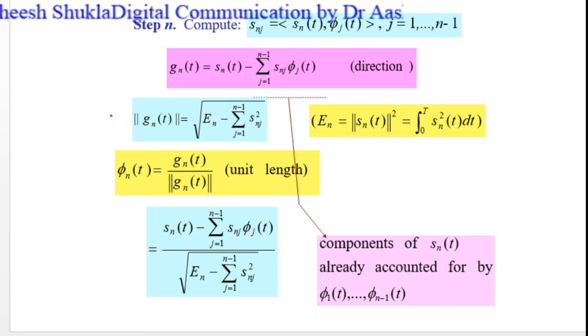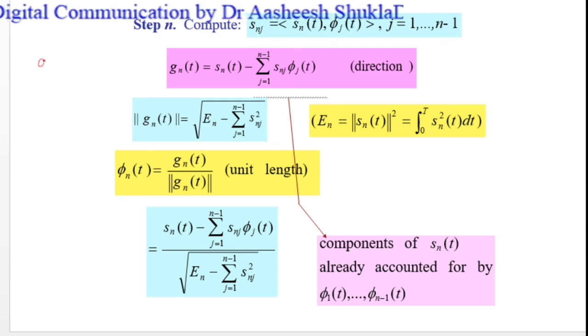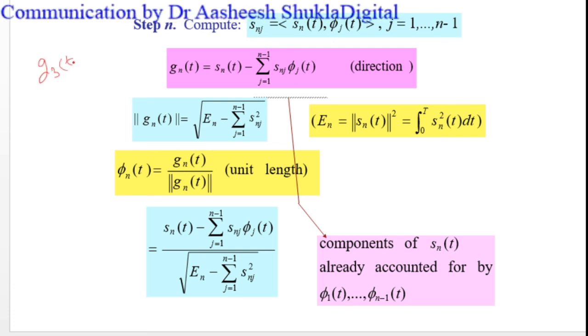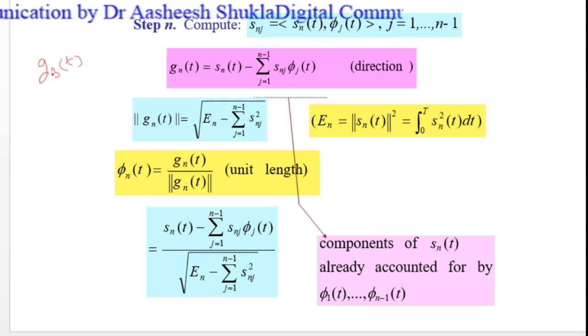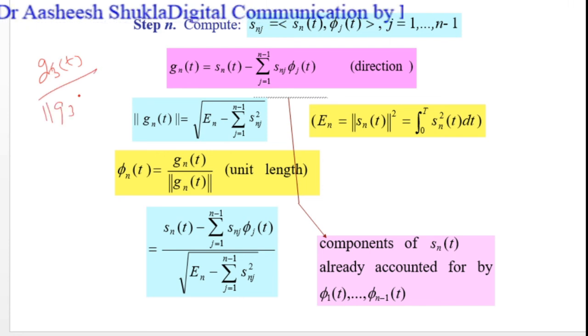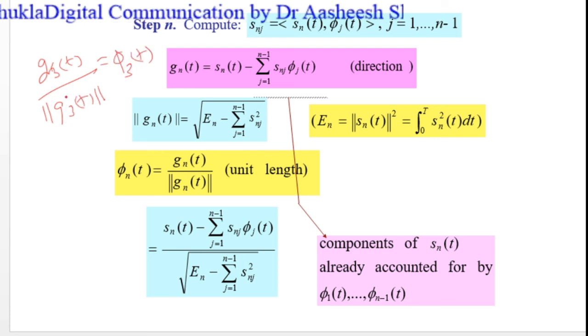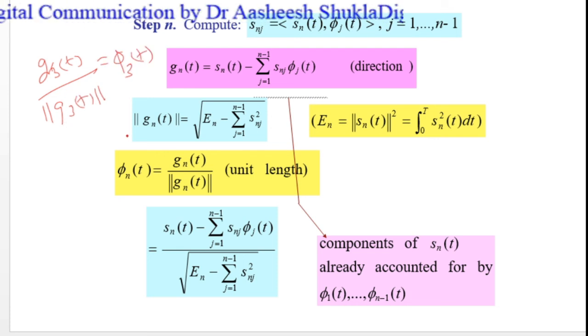If we simplify, we should first find G3(t), and if we divide G3(t) by the norm of G3(t), it will be phi 3(t). So how can we find this whole thing? We should see a numerical form.